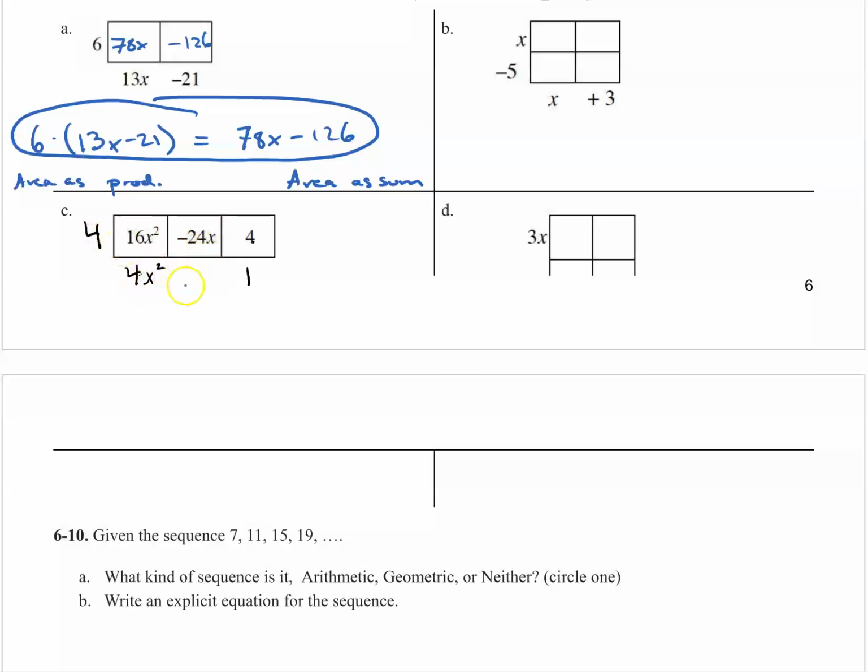And so that would mean that this middle term has to be negative 6x, right? Negative 6 times 4 is negative 24, and there we go. So area as product is 4 times 4x squared minus 6x, and then this is a positive 1, and that's equal to area as sum. 16x squared minus 24x plus 4.